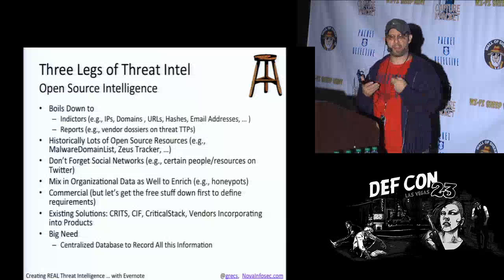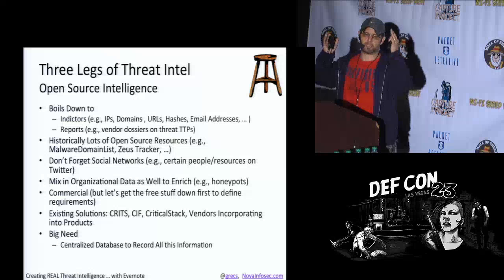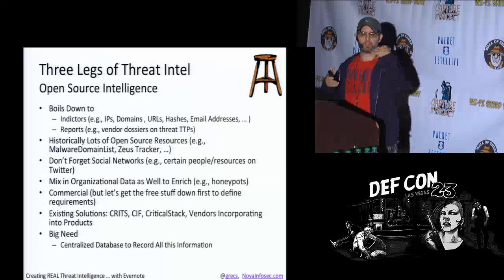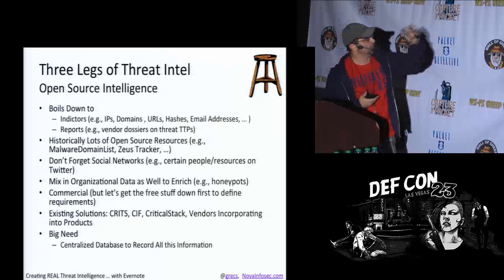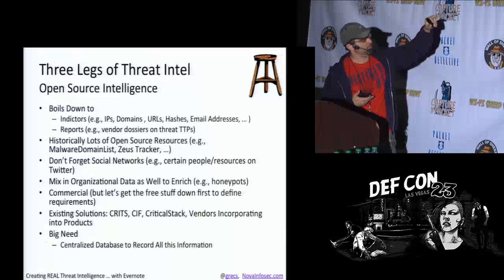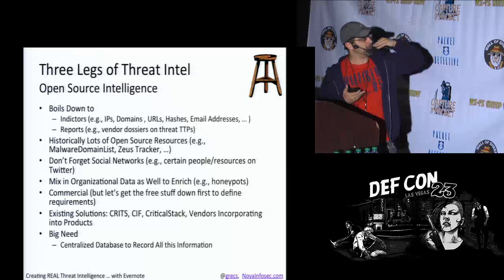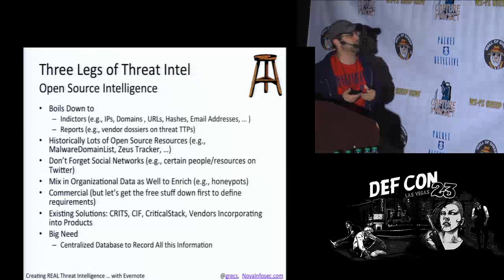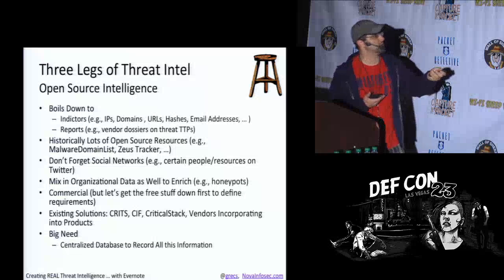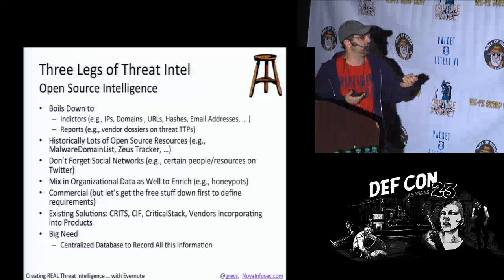To me, that's more threat intel, where they have a specific actor and what their TTPs are. So there's those two, at the bottom and the top of the spectrum, and there are a lot of different hybrid products between there. Historically, there are a lot of different open source resources. So I just listed a few there.